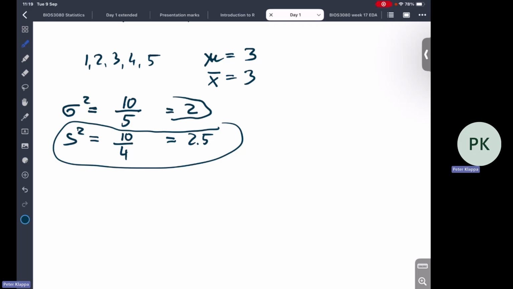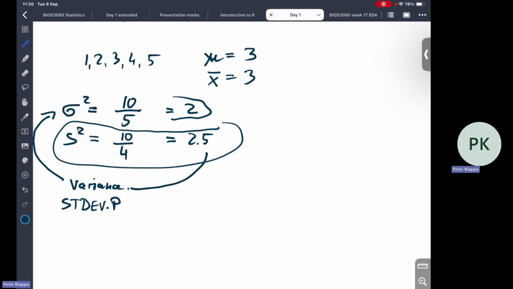And of course, in Excel, you can do that very simple. The variance in Excel, I told you yesterday, for this one here is standard deviation dot p.